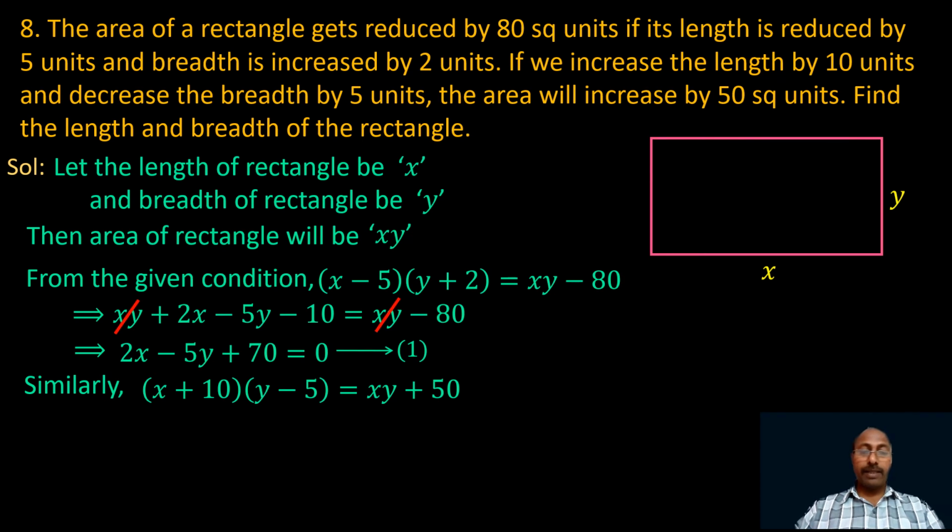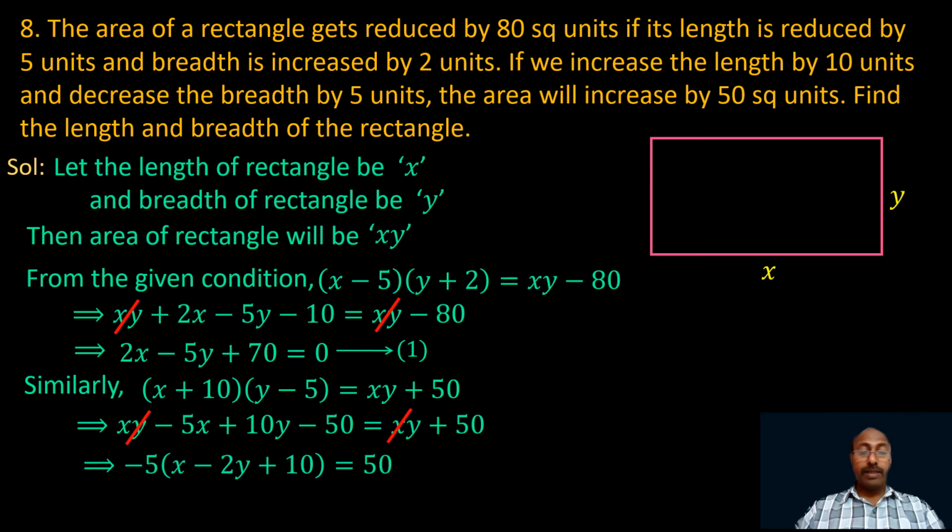Again multiplying the expressions on the left side, we get xy minus 5x plus 10y minus 50 is equal to xy plus 50. So again we can cancel the xy term on both sides, and we can take a common minus 5 on the left hand side. So minus 5 into (x minus 2y plus 10) is equal to 50.